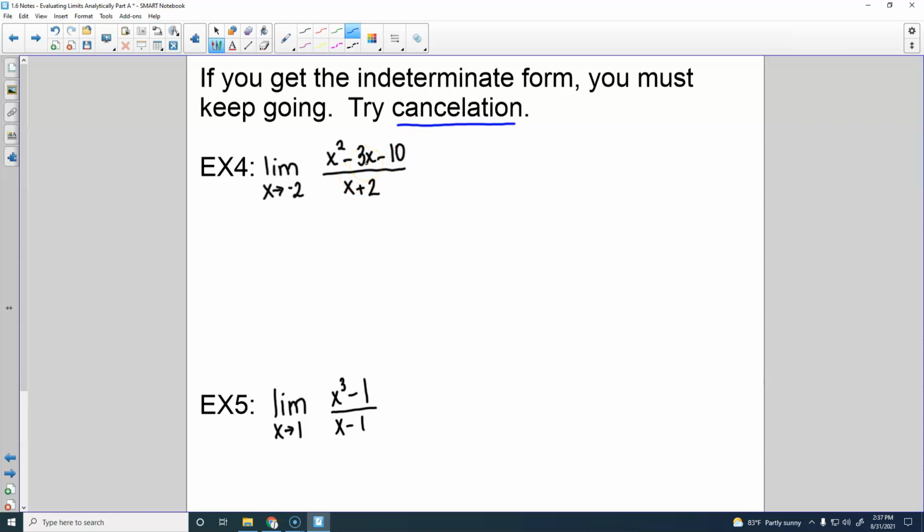Every time you're supposed to try direct substitution. A lot of times I do that in my head, because you're going to see most of the time you're going to get 0 over 0. So I'm going to write it down, but you could do this part in your head. You'd have negative 2 squared minus 3 times negative 2 minus 10 over negative 2 plus 2.